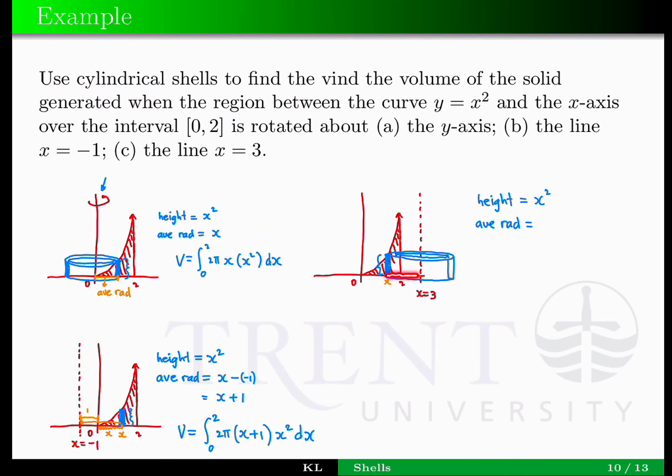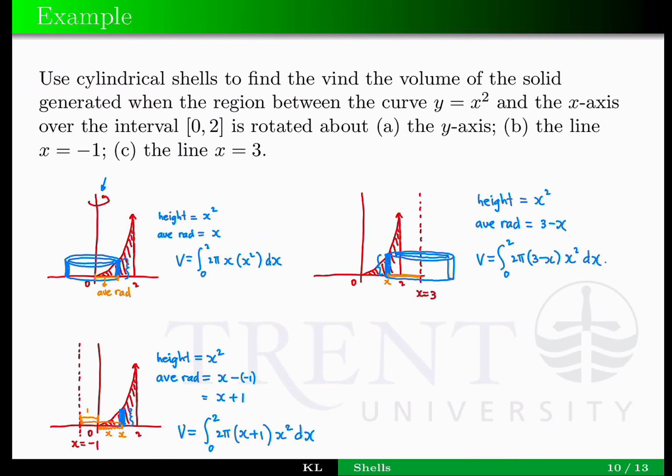What is this length here? x equals 3 is from this one up to this point, and x is from this point up to this point. So this length is 3 minus x, which gives us the volume integral from 0 to 2 of 2 pi times (3 minus x) times x squared dx.